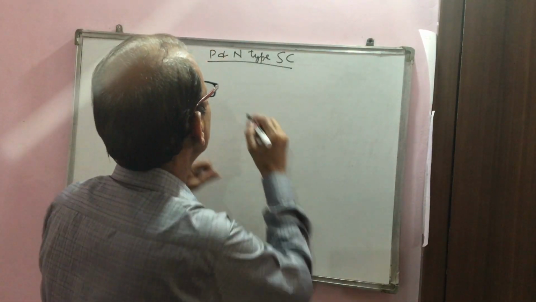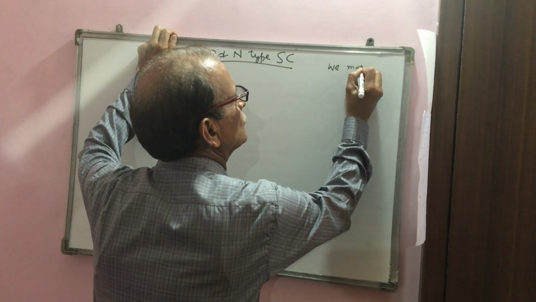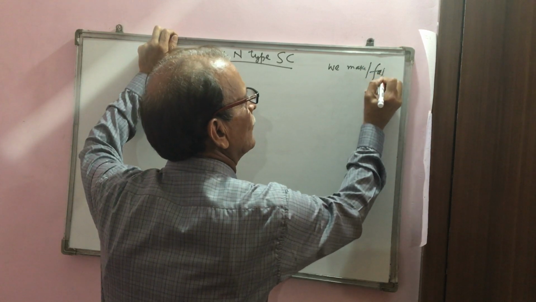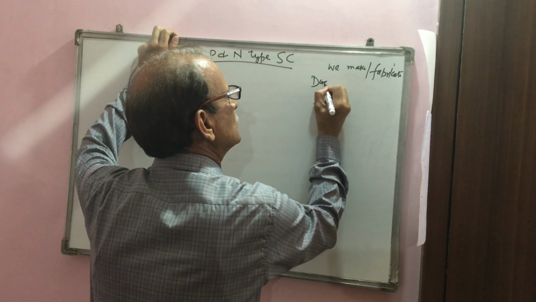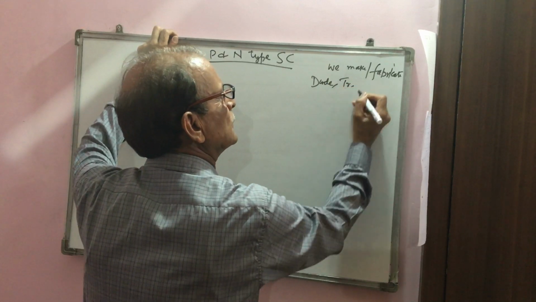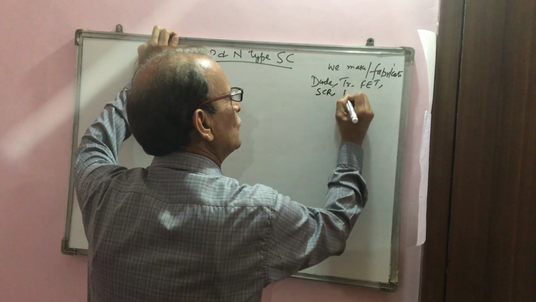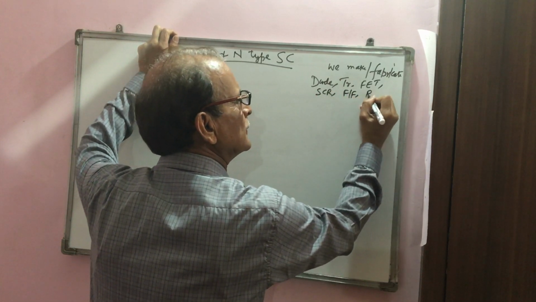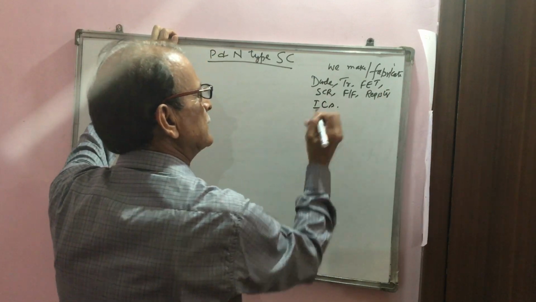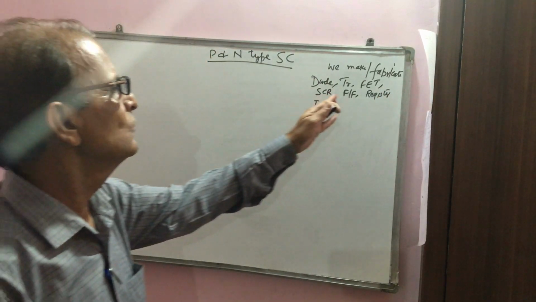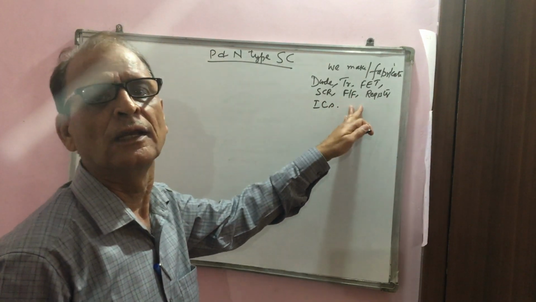With the help of this P and N type semiconductor, we can make or fabricate diode, transistor, field effect transistor, SCR, flip-flops, resistors, and then integrated circuit ICs. I will tell you later on how we can fabricate these electronic devices.